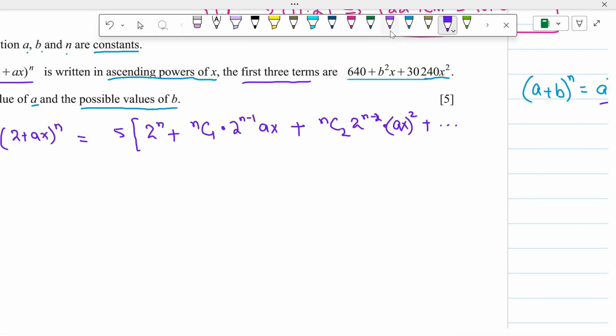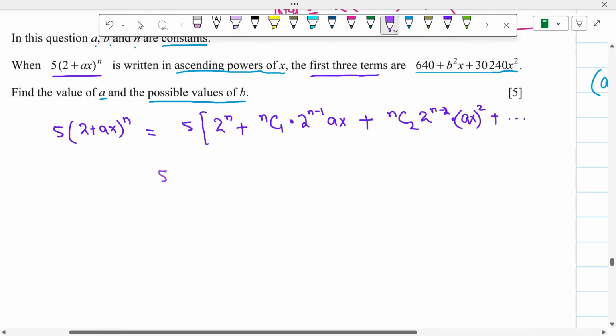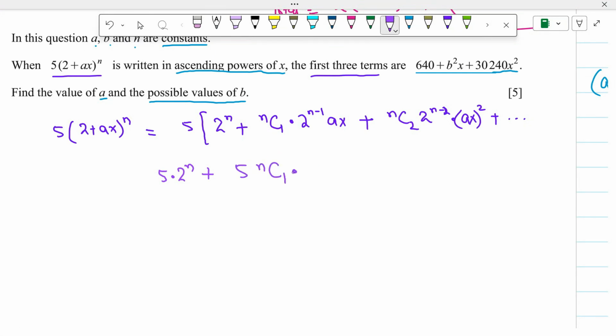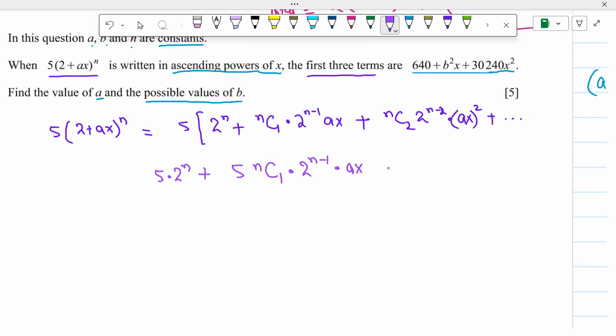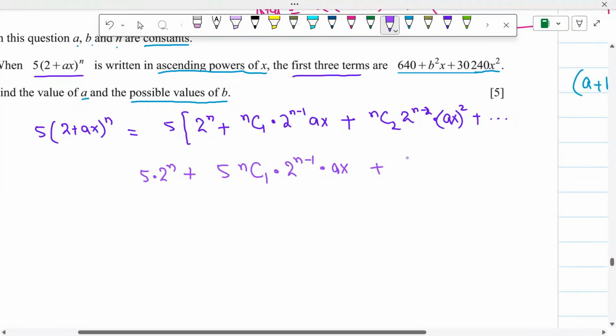We don't need to move further because these are the first three terms.